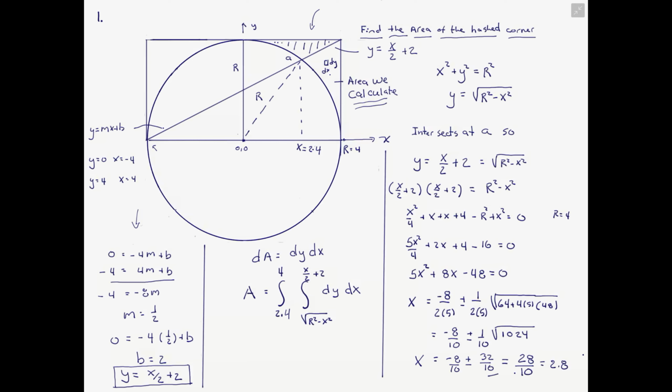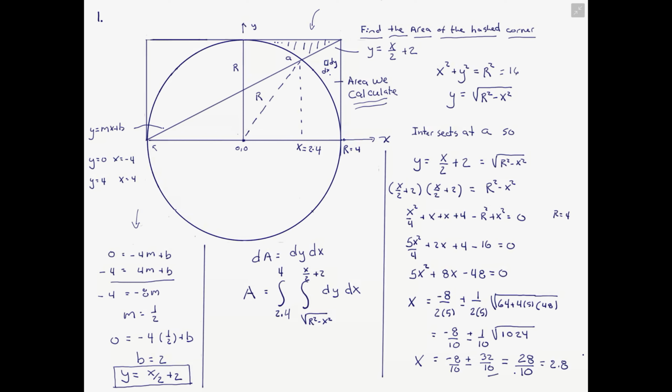Now, on the other side, we have the equation of the circle, which is x squared plus y squared equals r squared, and r is 4. So technically, we have y equals the square root of r squared minus x squared, where r squared is 16. I didn't put it in here, but that's exactly what it is.